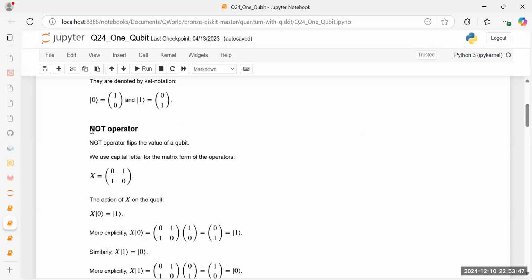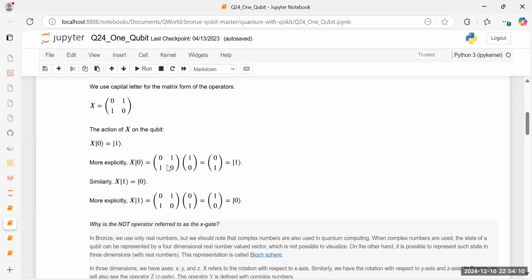Okay, then here we have the NOT operator. In the first experiment we carried out, we saw how the NOT operator just flips 0 to 1. The NOT operator can be represented with the matrix you see here.